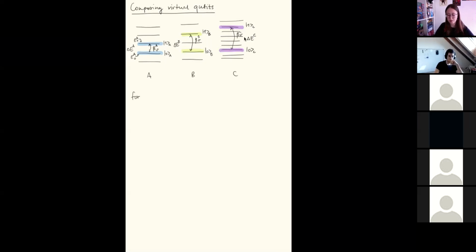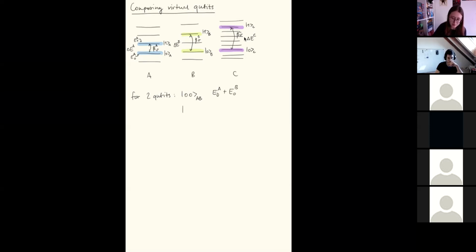Okay, so suppose that now we have only qubits A and B. And for these two qubits, if we compose them, then we end up with the following eigenstates. So the first is 0, 0 on AB, and its energy is E0A plus E0B.